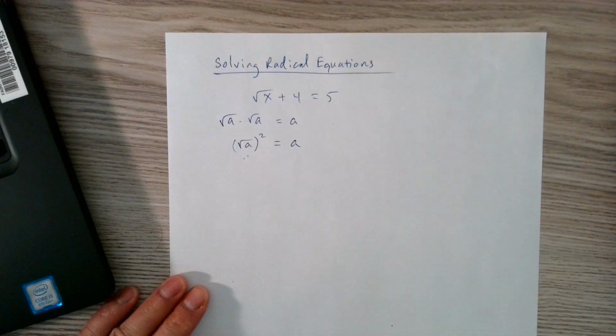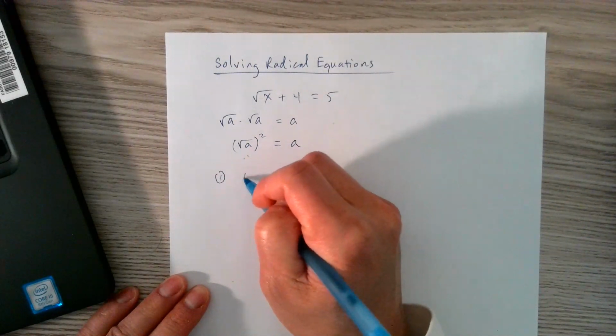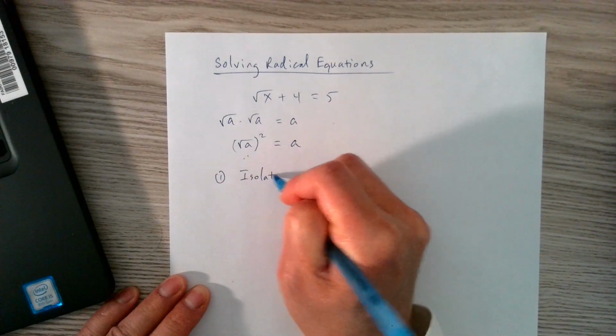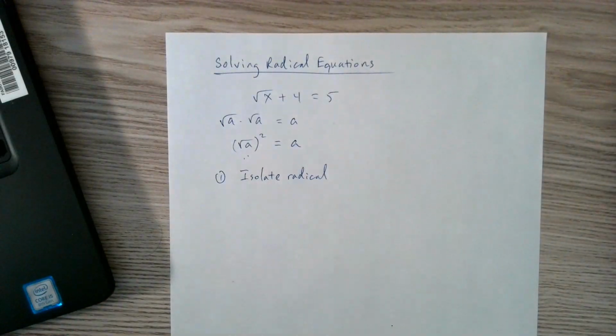So when you solve a radical equation, you approach each equation the same way. There's basically 3 phases of the solving process. The first phase is you isolate the radical. So just get the radical by itself on the left or right.